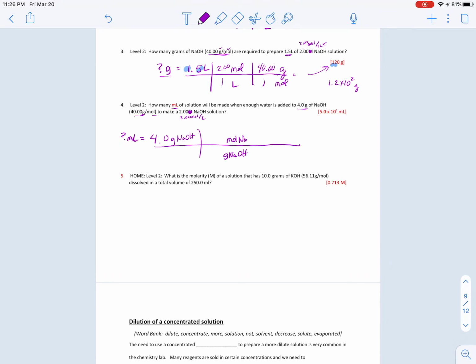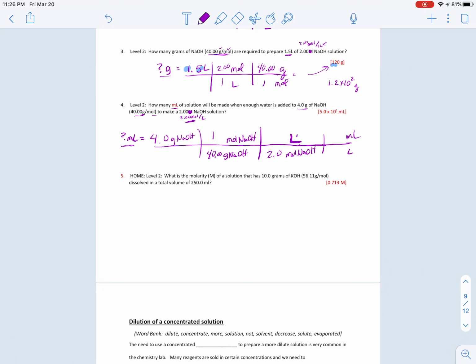And then I'm going to go from grams of NaOH. And if I look up, I do have a unit that goes from grams to something else. It goes to moles of NaOH. And then I have a unit over here that's moles of NaOH in 1 liter. Now, can I stop? No, because it's asking for milliliters. So I'm going to do 1 more, liters into milliliters.